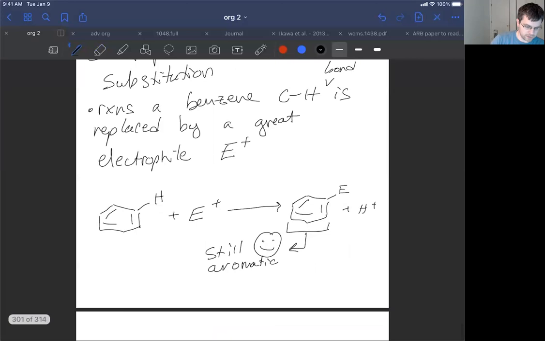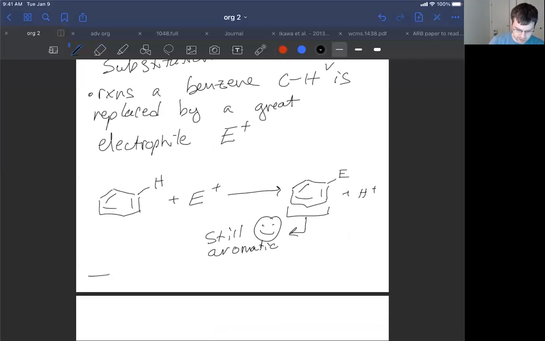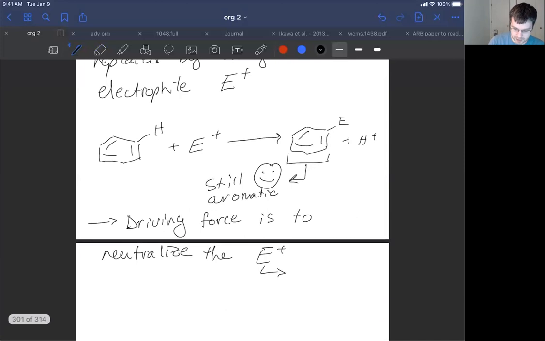The driving force for this reaction is to neutralize the electrophile E+, because for this to be a great electrophile, it's highly reactive. And if it's highly reactive, it's highly unstable.